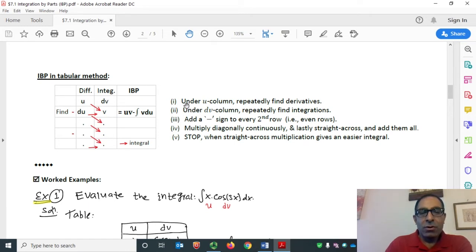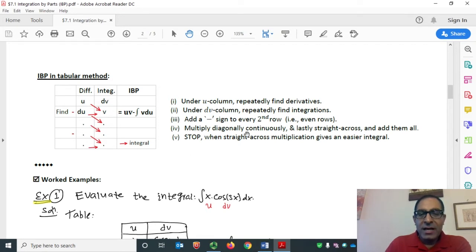Let me read it through. Under the u column, repeatedly find derivatives. Under the dv column, repeatedly find integrations. Add a negative sign to every second row, that means even rows: the second row, then the fourth, sixth, eighth, and so on.